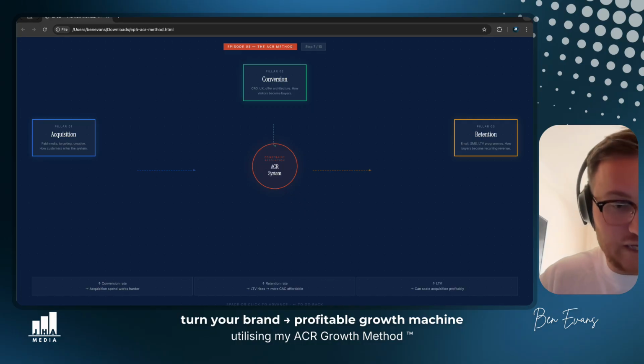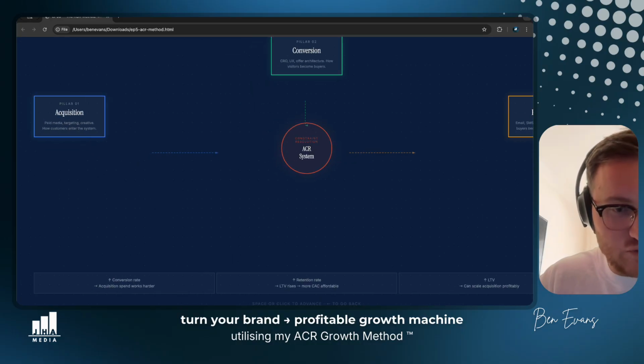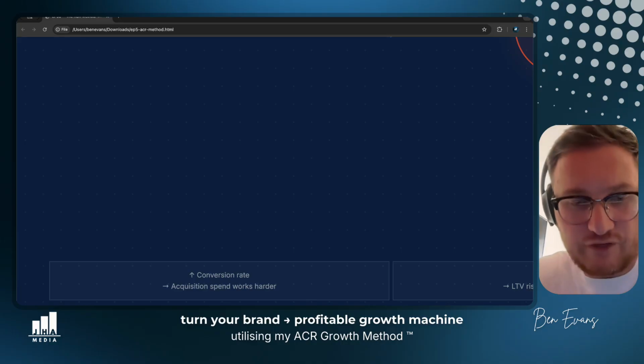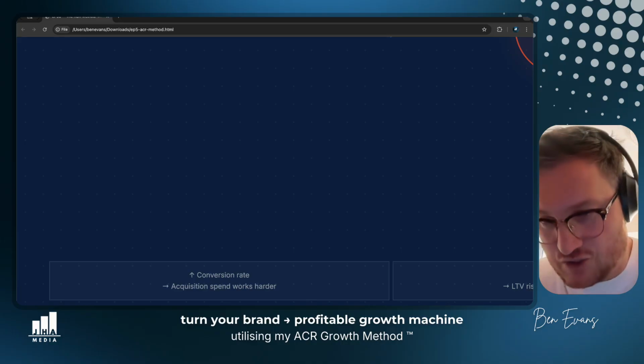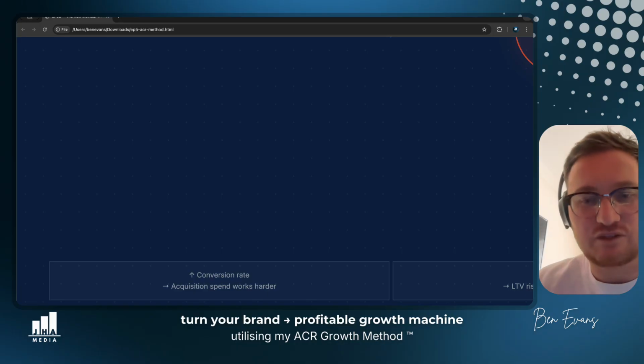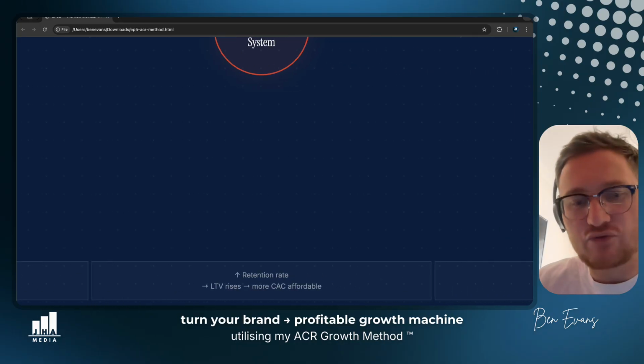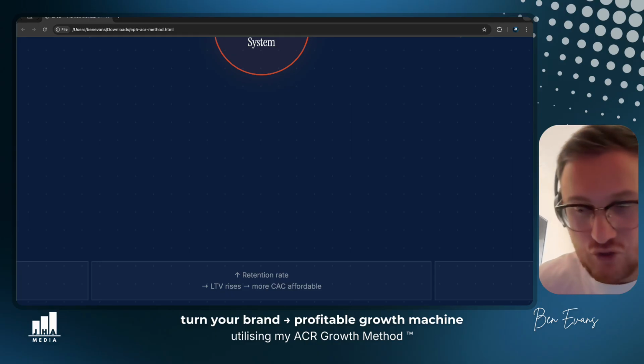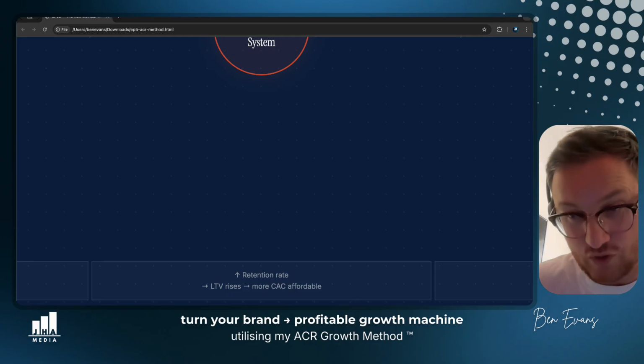What you're essentially looking at, let's go into this in a bit more detail. When you increase your conversion rate, your acquisition spend works a lot harder for you as a business. When you increase your retention rate, your lifetime value rises and your cost of acquisition becomes more affordable.